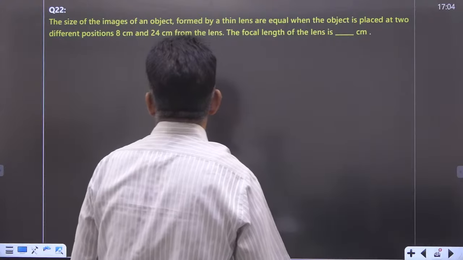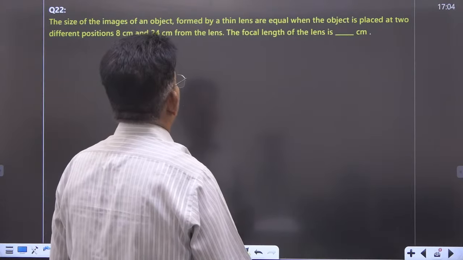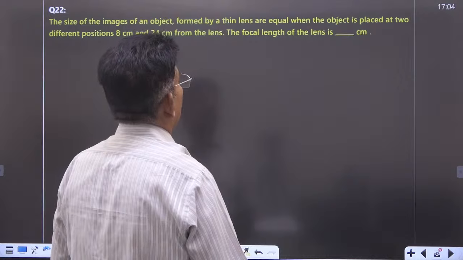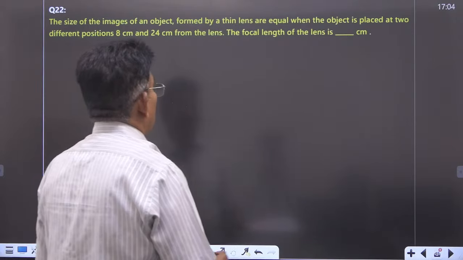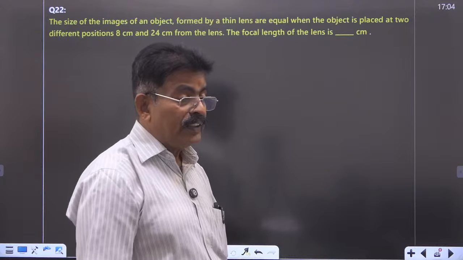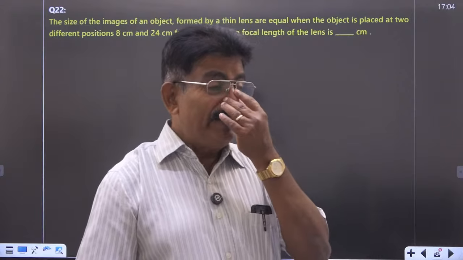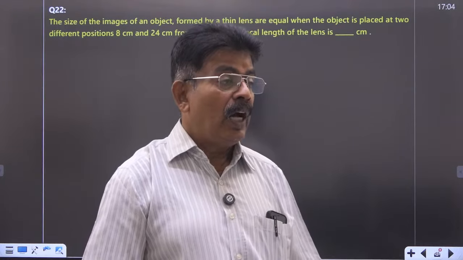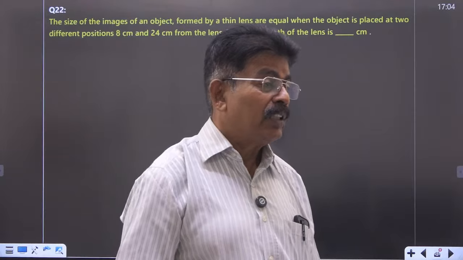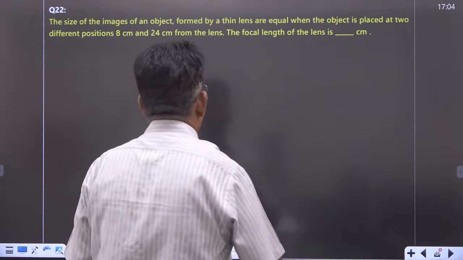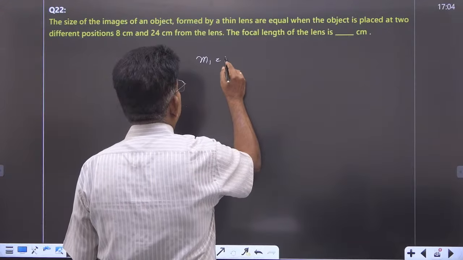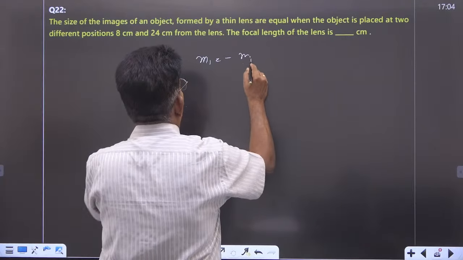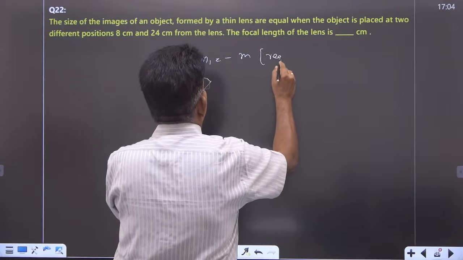Calculation is small. Then, size of an image object found by thin lenses are equal. Object is placed at two different positions, 8 centimeter. Now tell me, this is a convex lens. One image is a magnified image. The other image is a diminished image of the same magnification. So M1 is minus M, that is a real image.